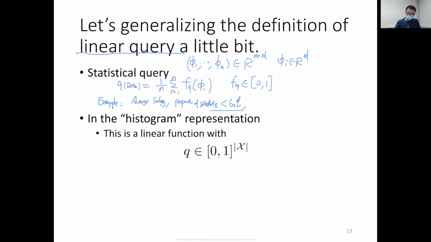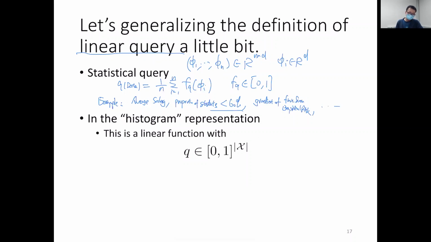And in the context of machine learning, when f of q is an evaluation of the individual gradients on a data point i, the gradient of the finite sum or empirical risk, this is a statistical query because we can calculate the gradient of every data point and average them. The list goes on and on. So many things that we care about in practice are statistical queries.